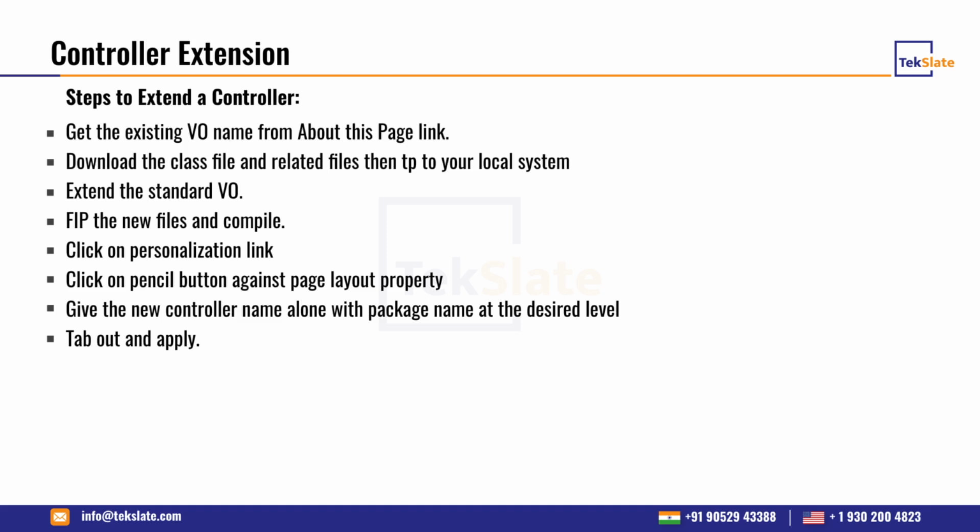You need to click that link and get the controller details or the region details of the page. After finding out what needs to be done, we need to extend the standard CO.